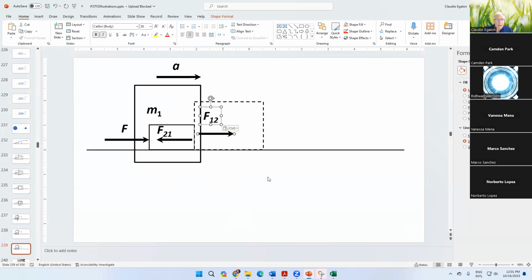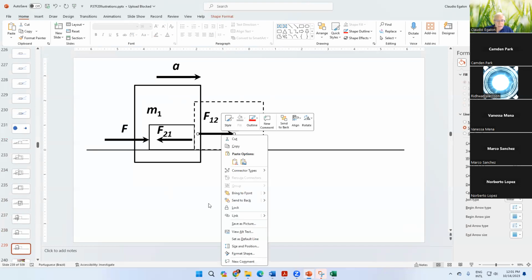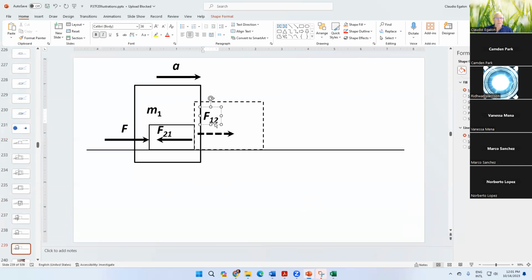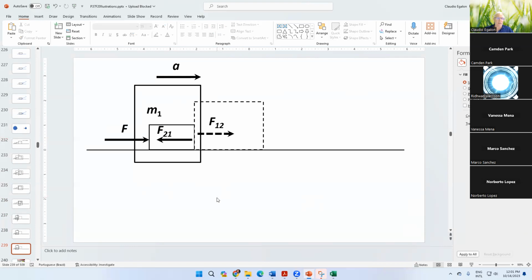This one I'm going to dash out. Maybe this one? This one is better. Those are action-reaction pairs. The magnitude is the same, but the direction is opposite. And this one is an external force.